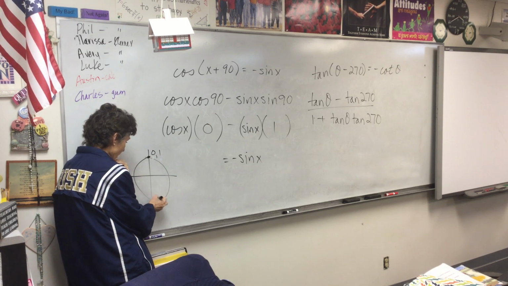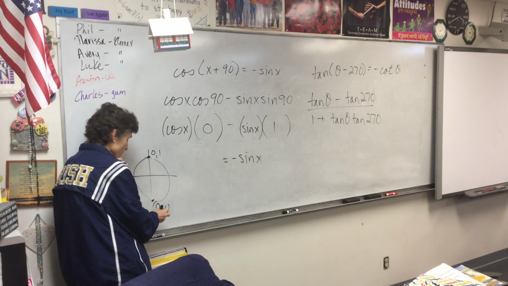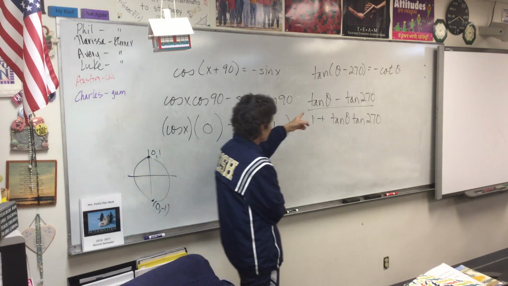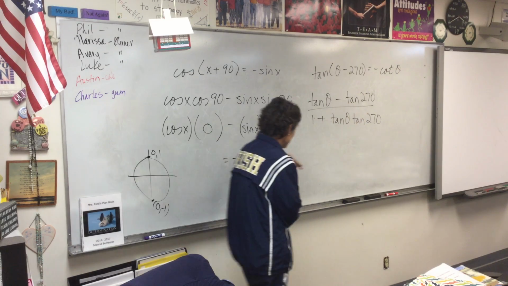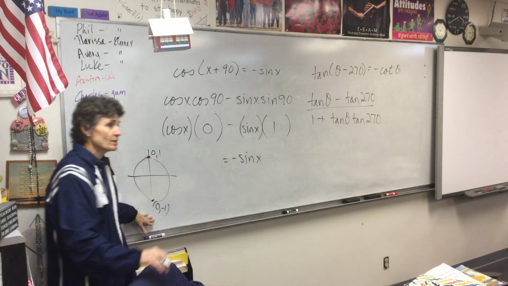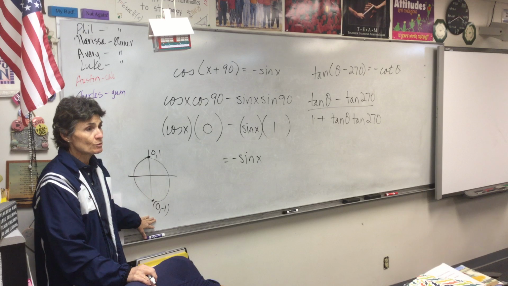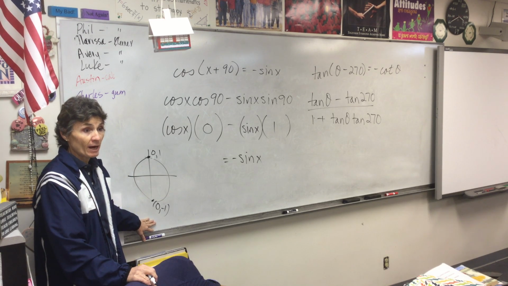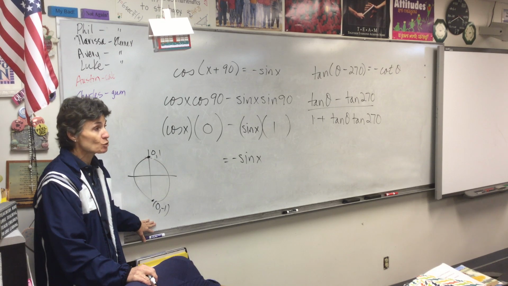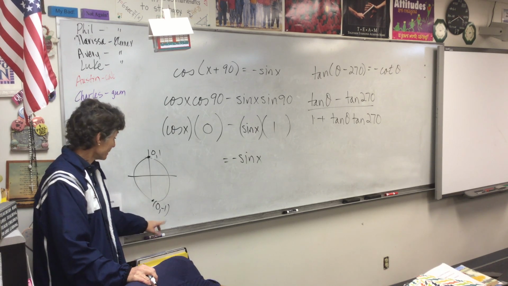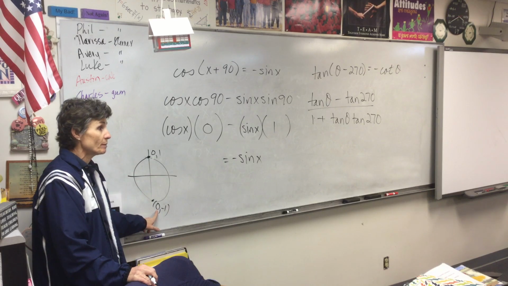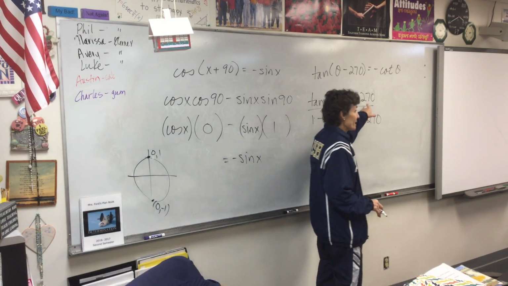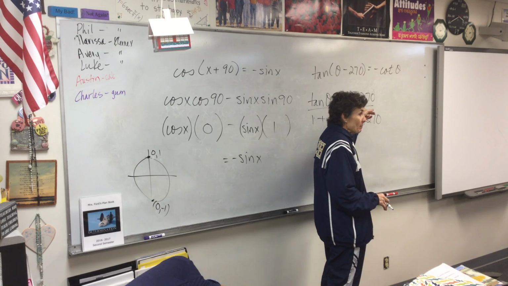Here's 270, right? That's 0, negative 1. I can't plug anything in for the tangent of theta, but the tangent of 270, this is our issue. What's the tangent of 270? It's undefined, because tangent is y over x, and y over x would be undefined, which means you can't plug anything in here.